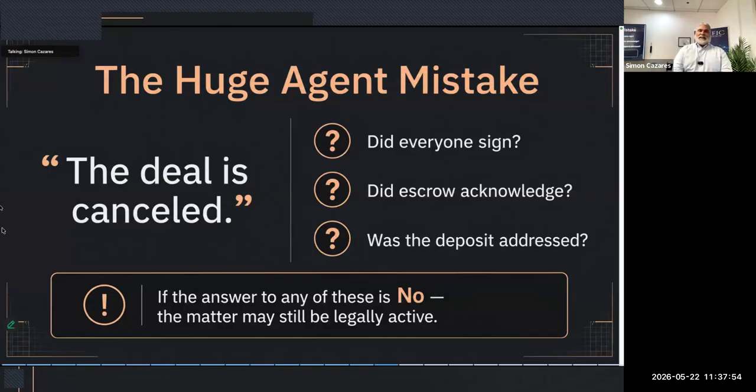So the listing agent says, look, I spent a lot of money. I hosted open houses. She didn't give me the time necessary. I want my expenses to be paid, $3,500. So I sent the cancellation instructing the seller to sign it and pay $3,500 of expenses to the agent.